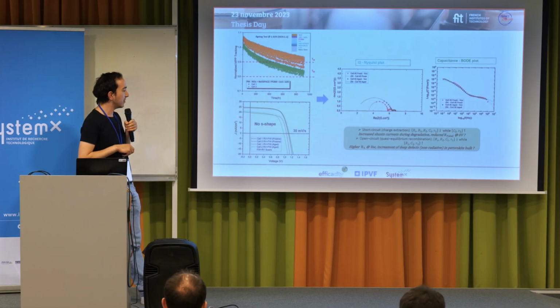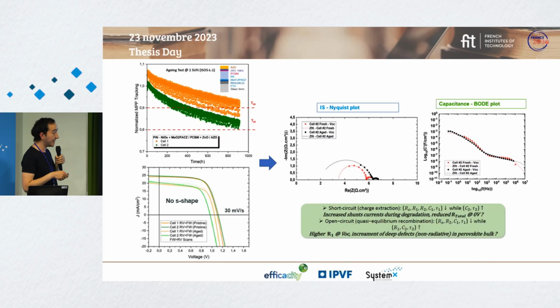Here you have the IV curves of each device when it's fresh and then degraded. And we are trying to explain why the IV curves are changing by also doing impedance spectroscopy and observing how each resistive and capacitive element changes on the device. This is an offline measurement, so it means it was measured at the beginning once and then at the end.